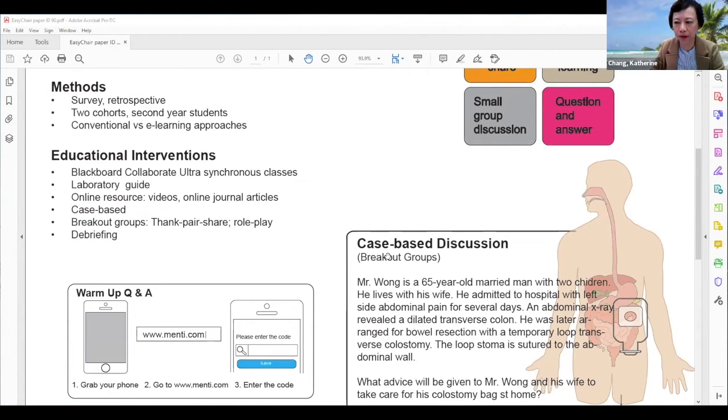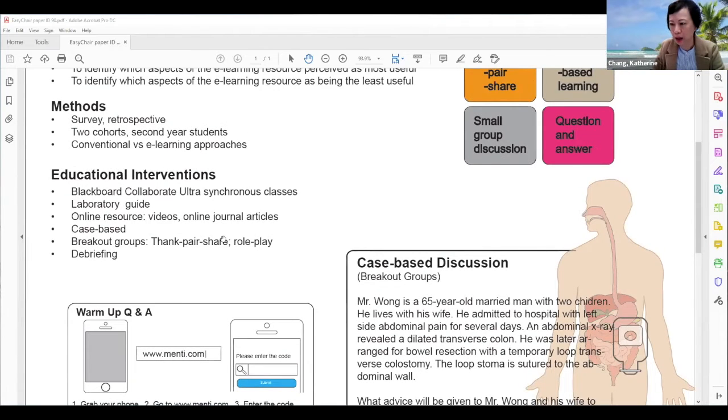The students were required to attend the synchronized class through the platform of Blackboard Collaborate Ultra on the day of the laboratory sessions. There were two parts to the sessions. In the first part, the whole class of students attended at the same time slot for briefing and reviewing of the knowledge.